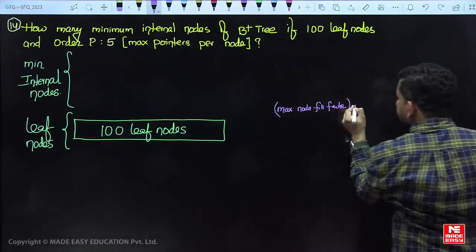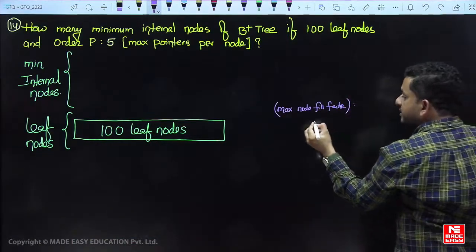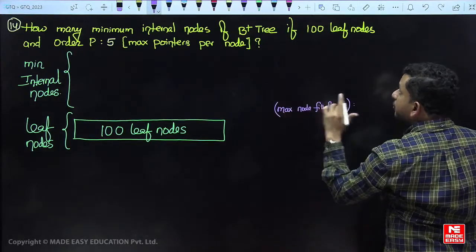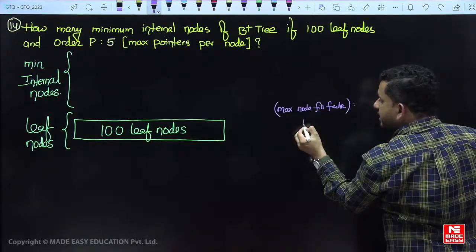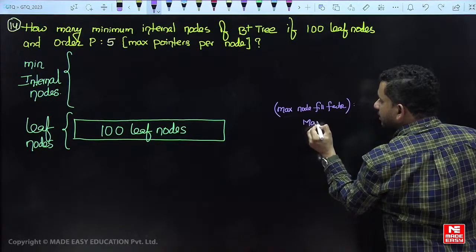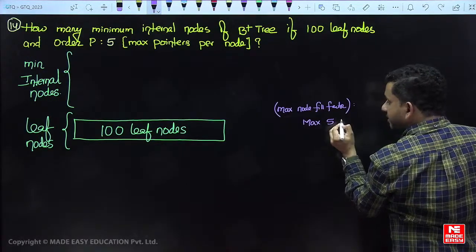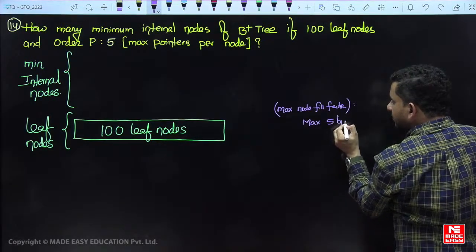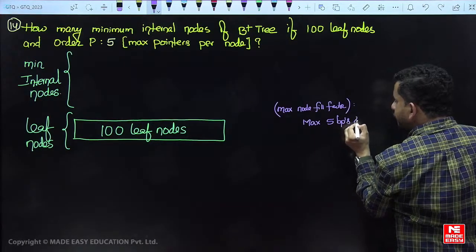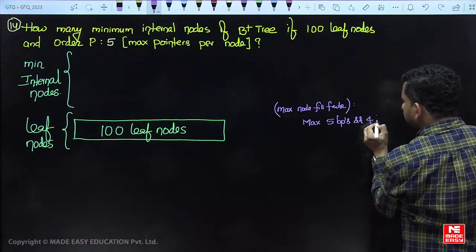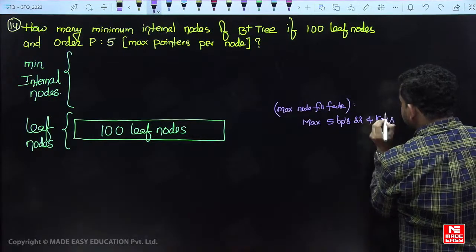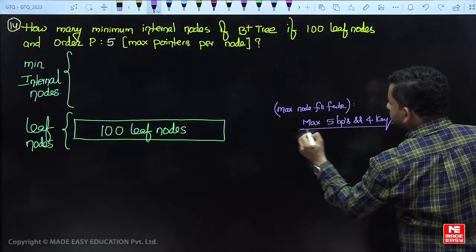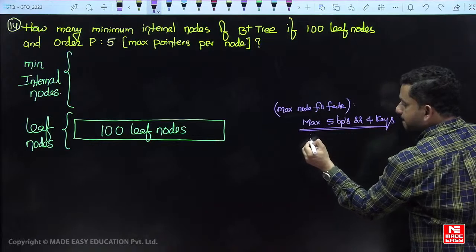So maximum node fill factor. So internal node maximum 5 block pointers and 4 keys. So maximum 5 block pointers, 4 keys per node.